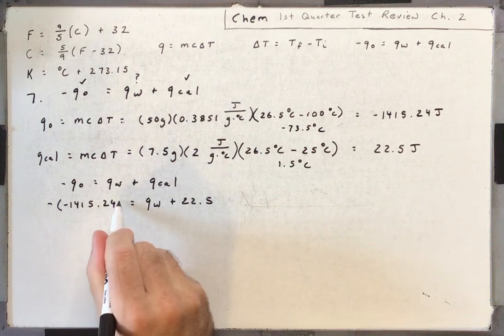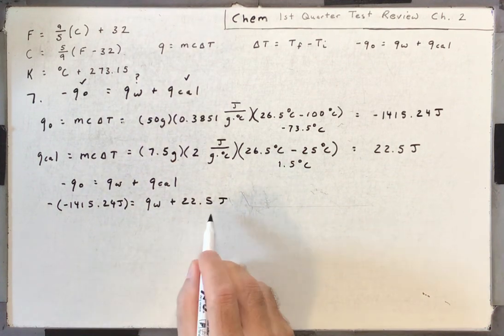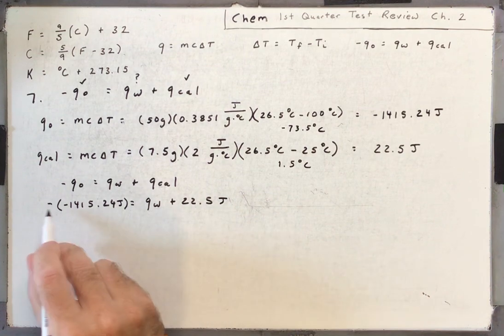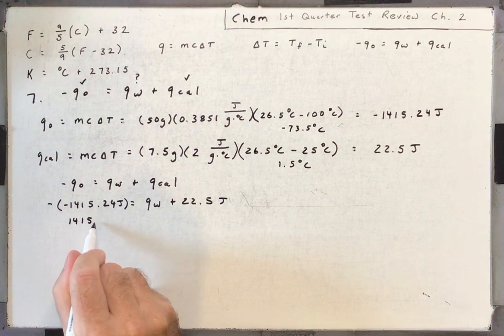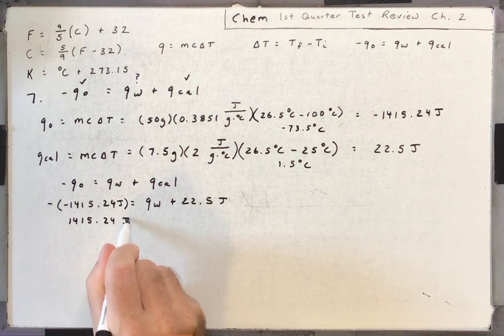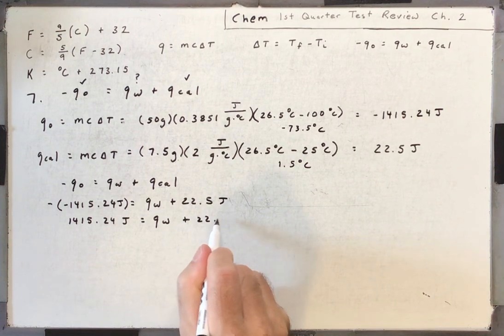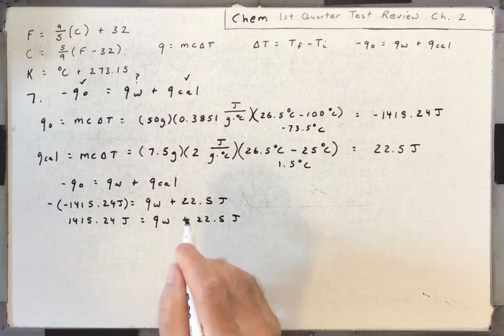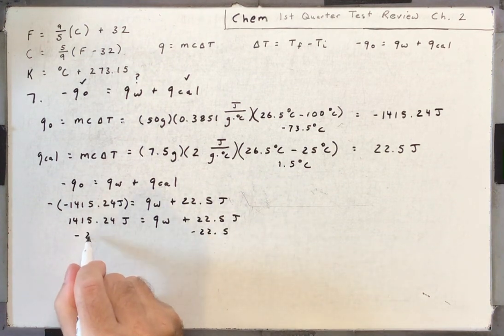This is why you get to ignore the calorimeter a lot of times, because it just doesn't make that big a difference in the number. So two negatives make a positive. So we have positive 1415.24 equal to Q of the water plus the Q of the calorimeter, 22.5. We're going to subtract 22.5 from both sides.